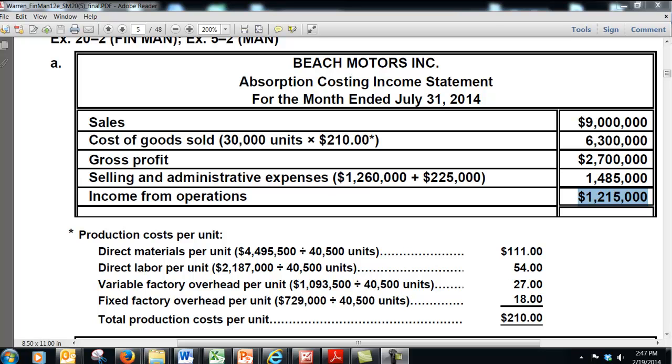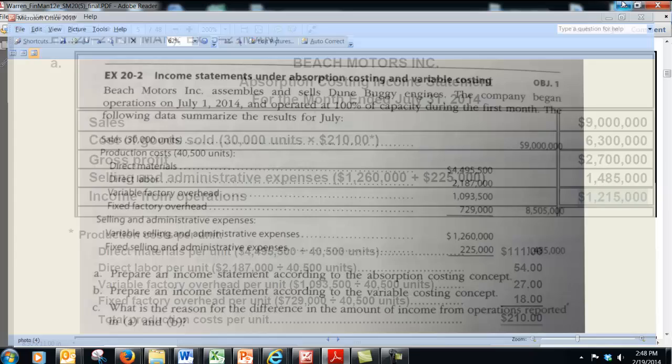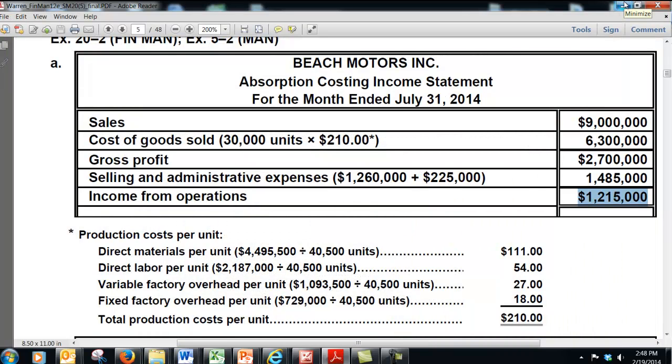Let's go back to the original problem. So it says that we sold 30,000 and produced 40,500 units. So that means that we produced 10,500 more units than we sold. So we built our inventory up, didn't we? We increased it by 10,500 units.